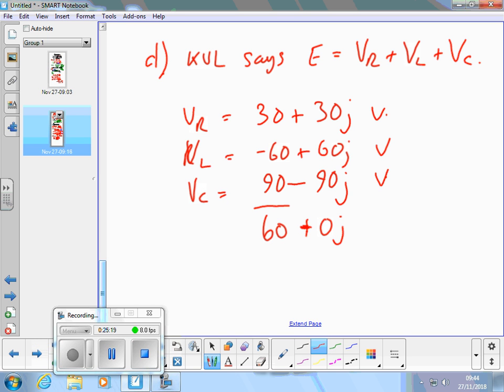So 60 plus or minus 0J volts. KVL proven. The J terms cancel out, and the real parts equal 60 volts.